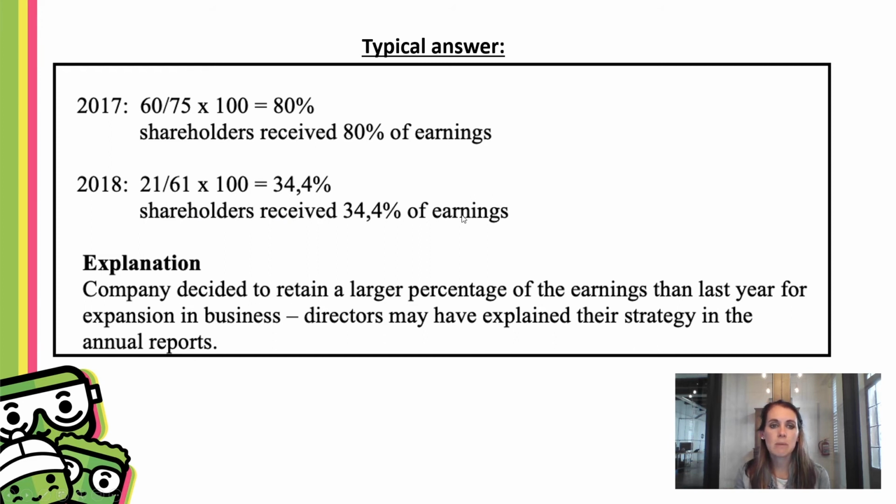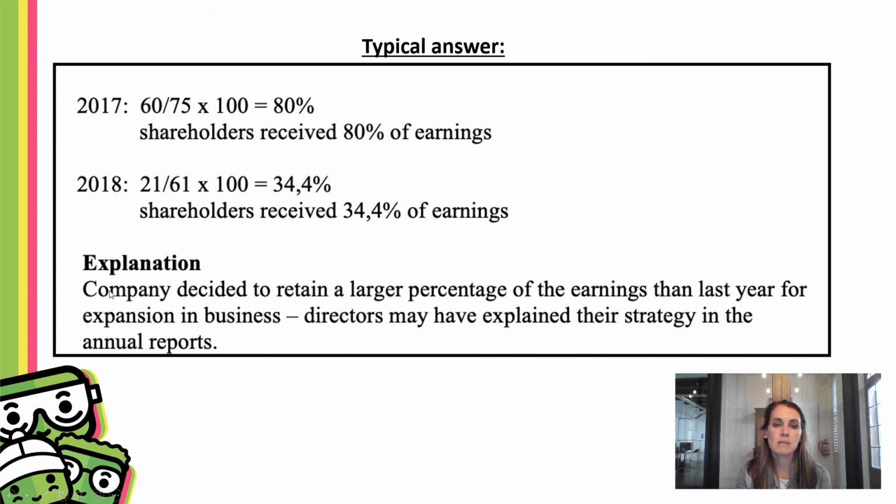So it means the company is holding back money. Now, it's a good thing and a bad thing. Bad because the shareholders would really like some earnings, and good because the company might want to expand, which means in 2 years' time, the shareholders' earnings might double or triple.